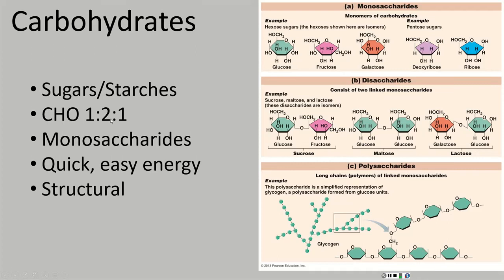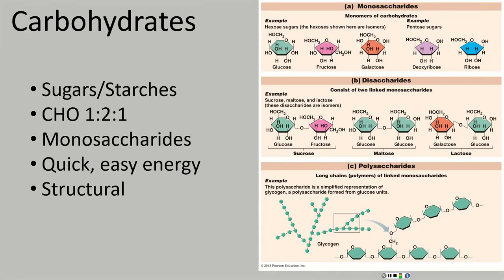For example, in the previous lecture, or maybe the lecture before that, we looked at the equation for cellular respiration, and we talked about glucose. Well, glucose is a carbohydrate, and the equation for glucose was C6H12O6.